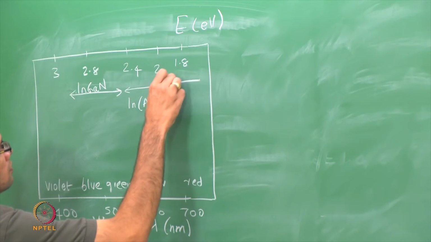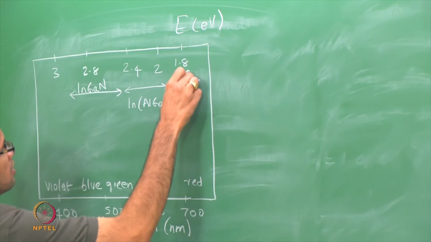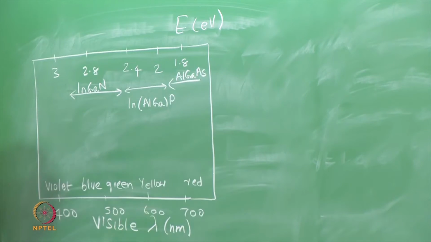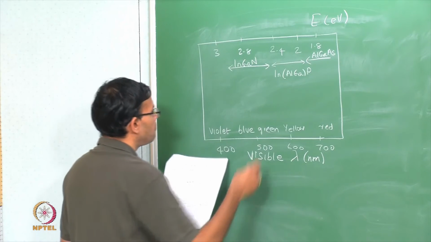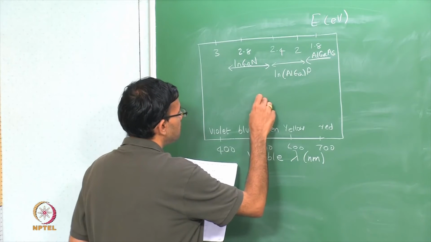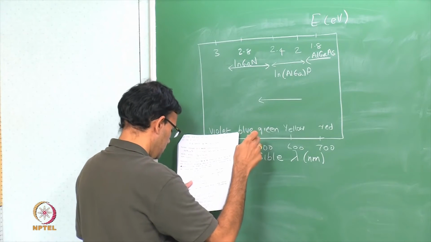We already saw AlGaAs that has an energy around 2 electron volts depending upon the value of x. You also have gallium phosphide based materials.